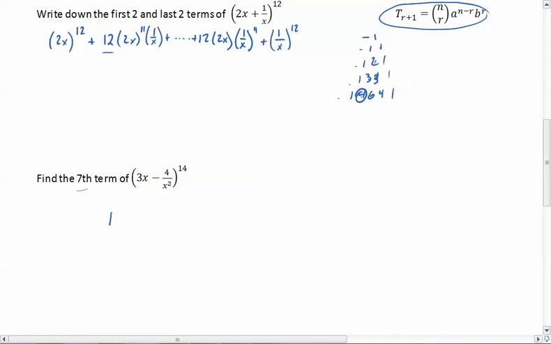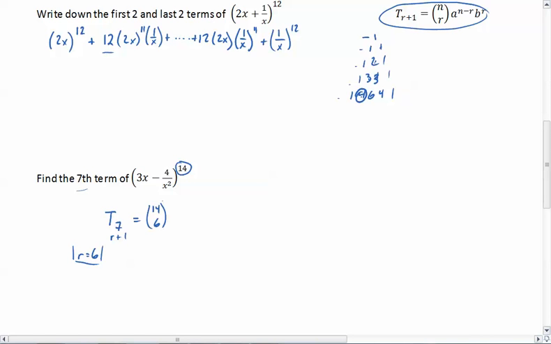So we're going to go T7. Now remember 7 is replacing the r plus 1, so that means 7 equals r plus 1, which means r is 6, equals n over r. So n, remember, is the power, it's the row number, so 14 over r, which we just determined was 6.